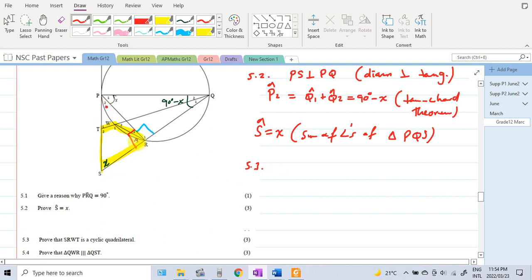So we can find angle R2 plus angle R3. Remember that is equal to 90 degrees because of supplementary adjacent angles, angles on a straight line. Now what we can say is that angle, oh, that was 90 minus x. Oh, okay, that's not going to help us. That's angles on a straight line.